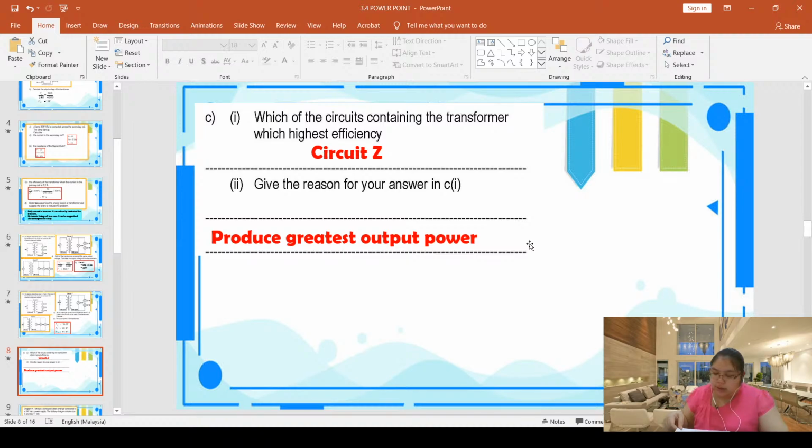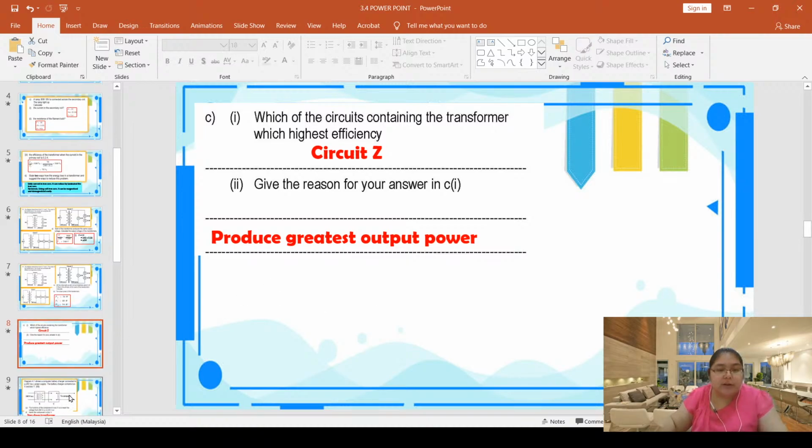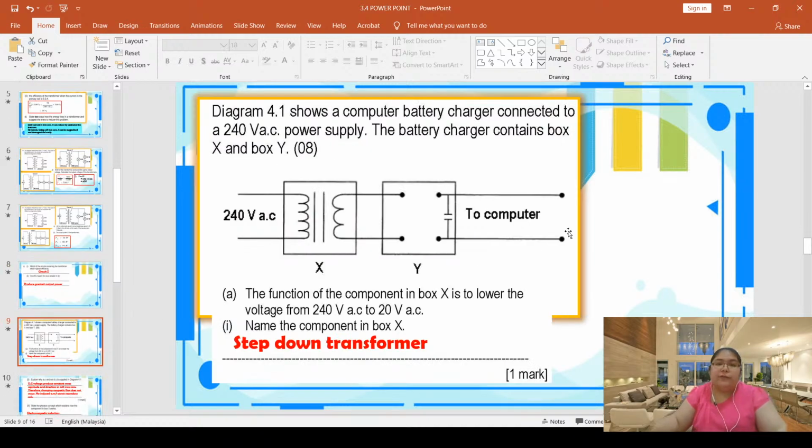Then we go to the following diagram. You can check the following diagram. They show you a 4.1 computer battery charger connected to the 240 AC power supply. The battery charger consists of box X and also box Y. One more thing to tell you: computers and all the things in your house actually use direct current.